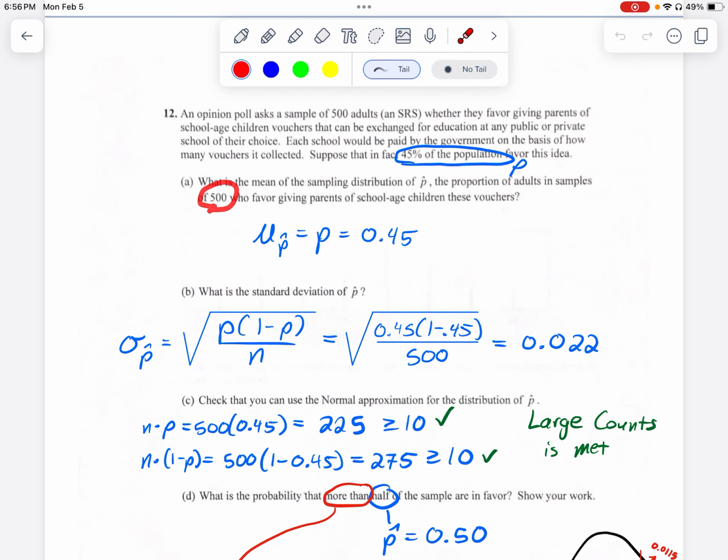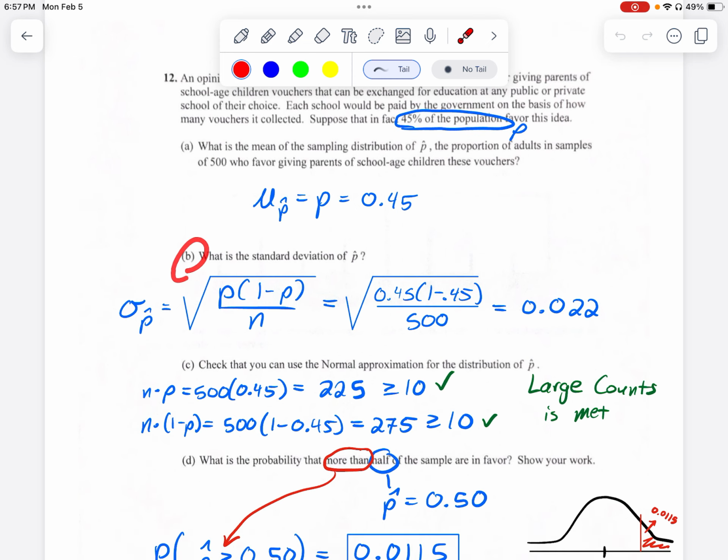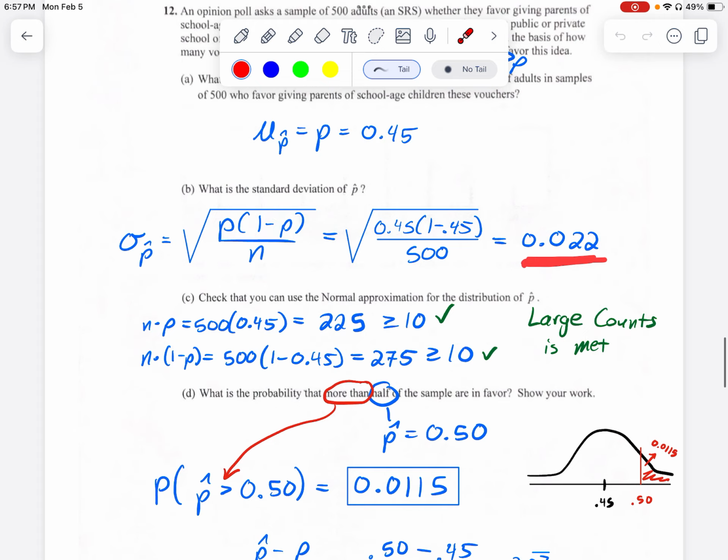The sample size might confuse you, like you feel like you have to do something with that 500, but you don't. So there you go. Part B, you do. You take the standard deviation formula, which has the 500 in it. Remember when you do this formula, you use p of 45%, and you get about 0.022.